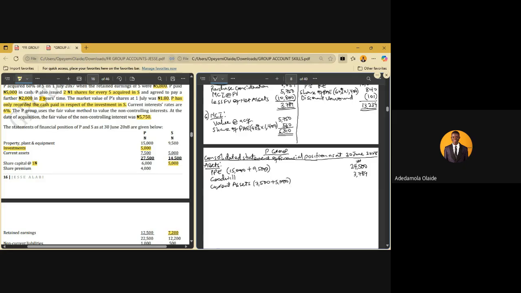That will give us 12,500. So what is total assets? 40,789.